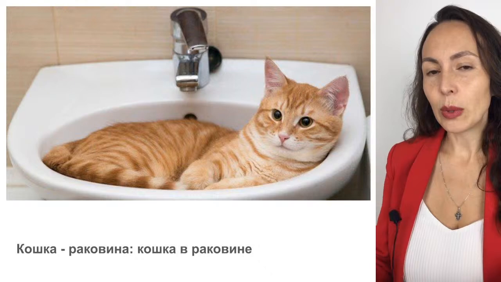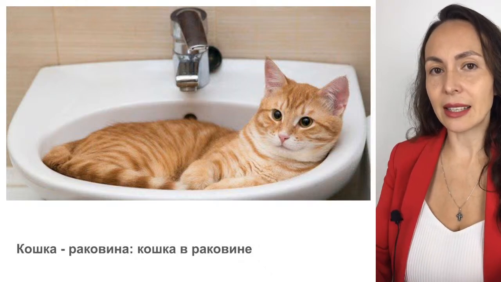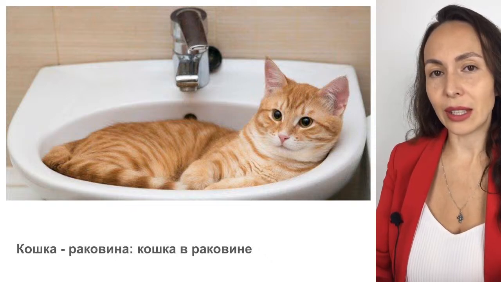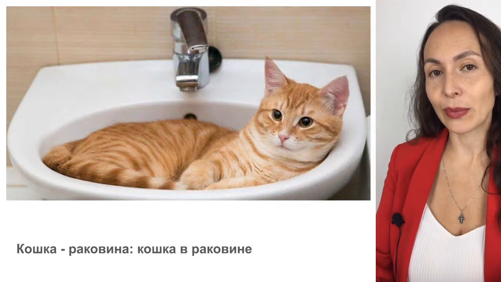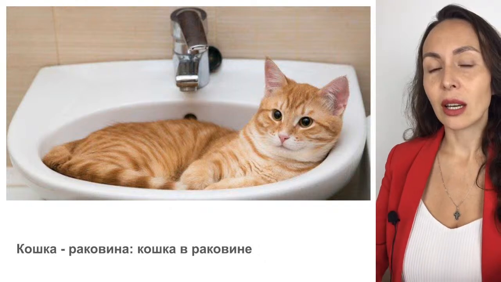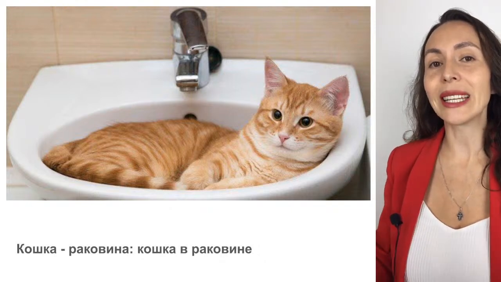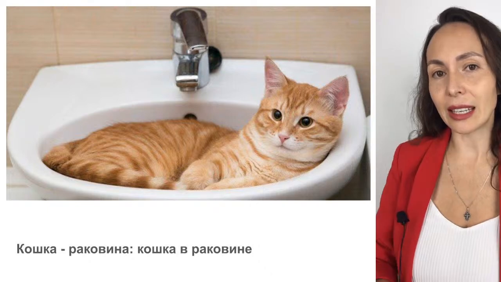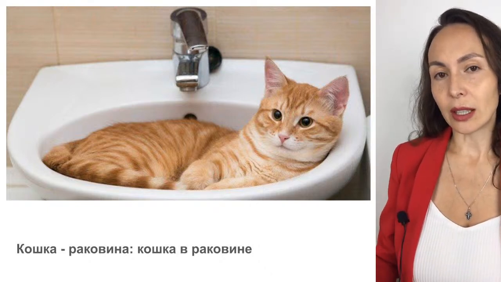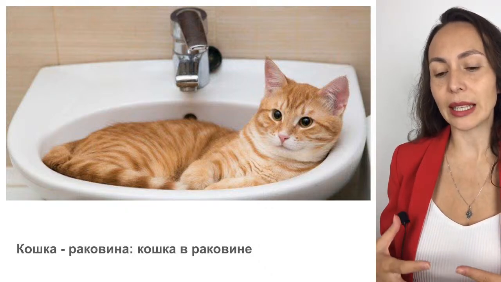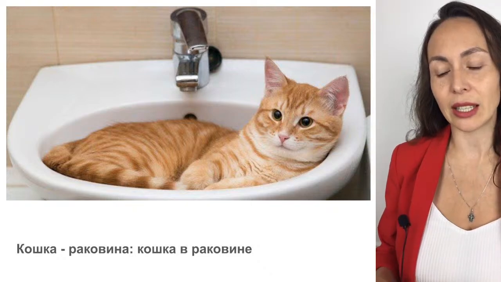The cat is in this sink, right? So, кошка в раковине. It's not under, it's not above, it's not far, it's not near, it's right inside. It's laying in this sink. This is why we say кошка в раковине, because we want to be exact, we want to be precise.